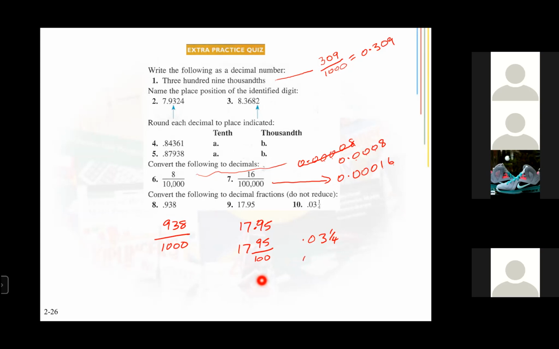Okay, so 0.0325. Oh, so that's over 10,000. 325 over 10,000. Okay. All right.